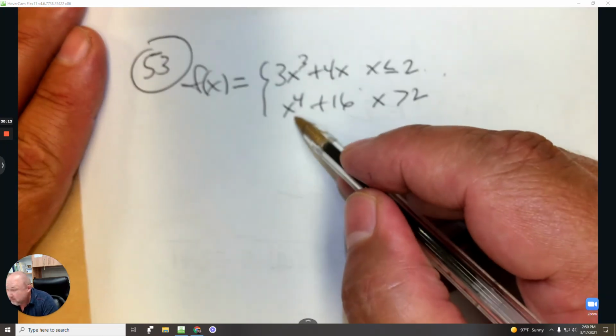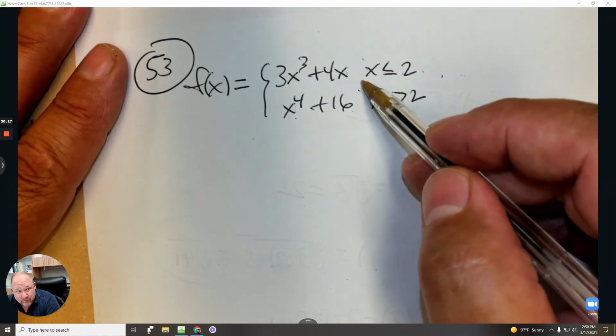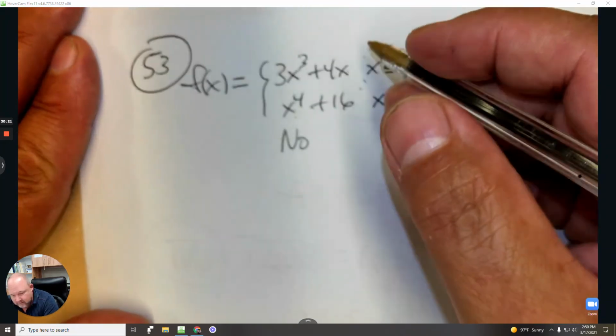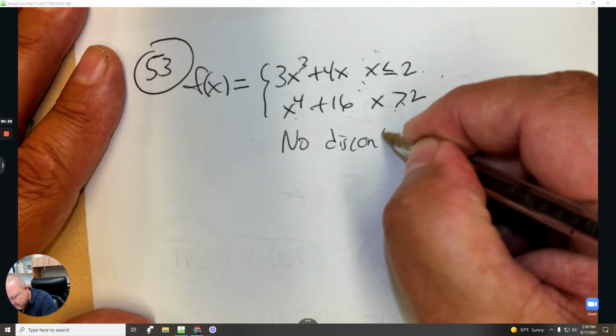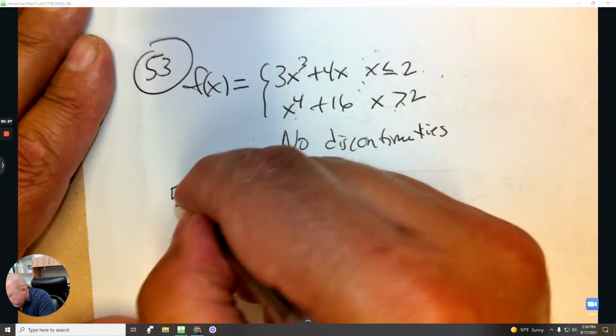At positive 2 on the bottom, you get the answer 32 again. You get the same answer, plugging 2 into the top and 2 into the bottom. There are no discontinuities for 53. 54.